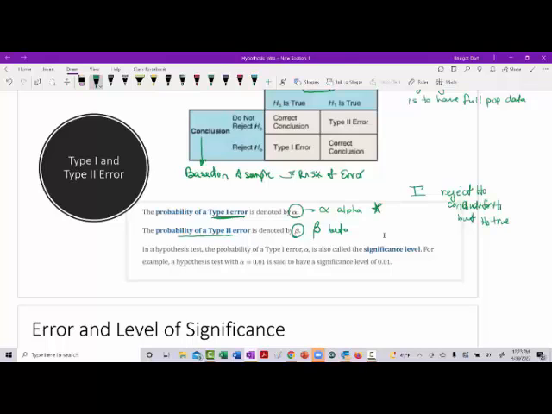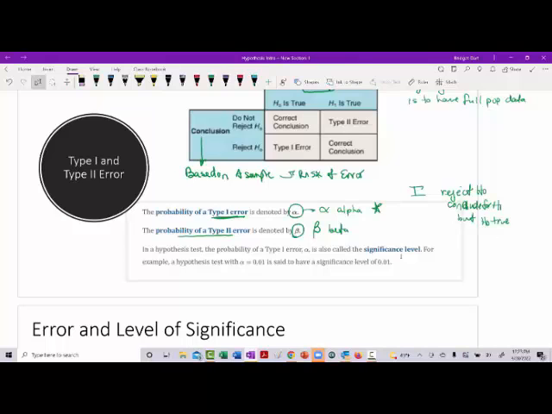In a court of law, a type 1 error is when we find someone guilty, but they're really innocent. We don't want to do that. We don't want to make a type 2 error either. But in statistics, we start by focusing on a type 1 error and making sure it doesn't happen.